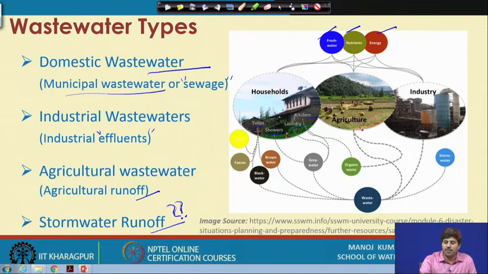In agriculture we use it for irrigation, in industry we use it for processes, and as a result we generate different types of waste. There is a color coding for different types of waste depending on the level of pollution, and in that way you see the water coming from the agricultural sector and kitchen sector primarily contains organic waste.